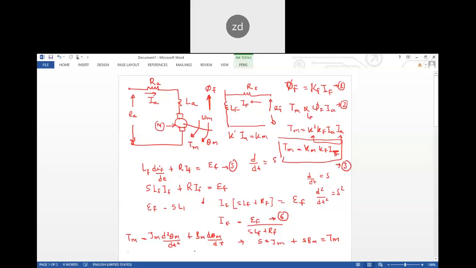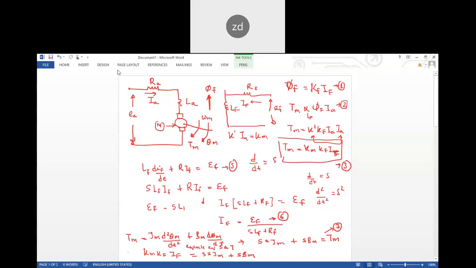So I can say that my term Km Kf into if, that is from equation 3, equate equation 3 and equation 7, and you can get Km Kf if would be equal to s square Jm plus s Bm.